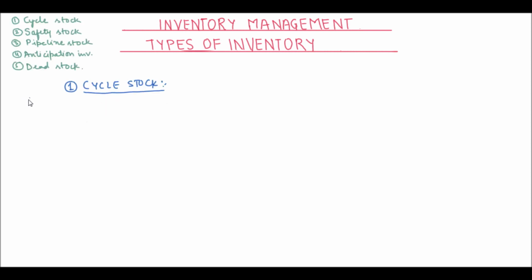Alright, so I have listed all these types of inventories on the left hand side. So as we go on in details in each of these, you can still go back and look at all these five at the same time. So the first one that we'll take a look at is the cycle stock. Now let's take the example of a shoe retailer.